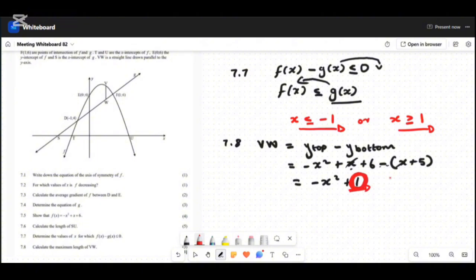When you're in a situation like this, remember, you can't come and say x is equal to negative b over 2a. If you look at our position, b is actually 0. We don't have a b there. So this one is actually the vertical length at that certain point, in point VW, right?